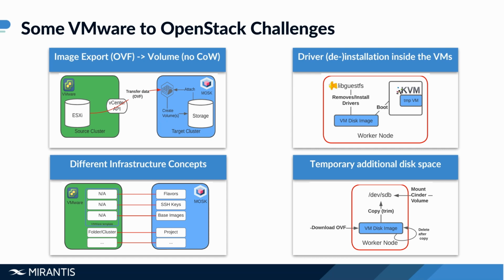And I already spoke about the different infrastructure concepts, what you see on the left side. Today, we will not use SSH keys to provision a virtual machine on the target side, which is actually necessary in the OpenStack world.